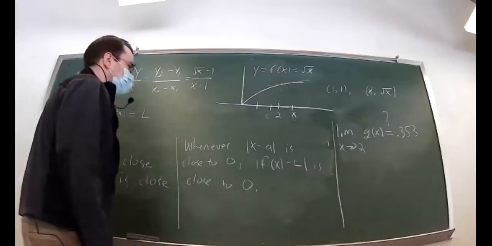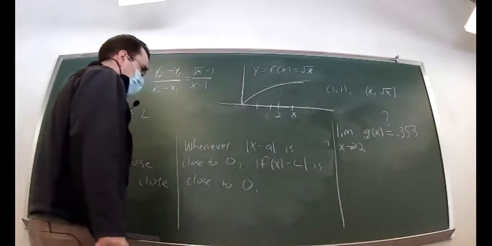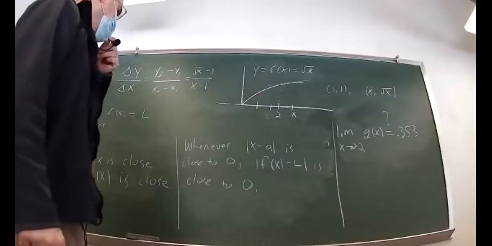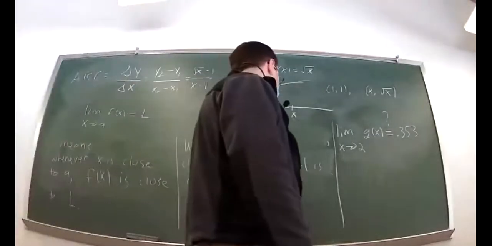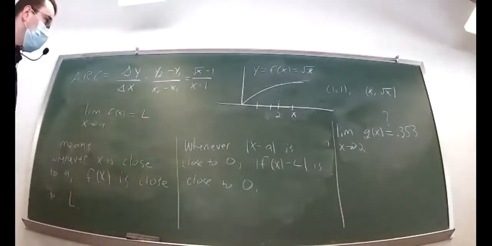So this is an equivalent definition that's a little bit more technical. X being close to a should be the same thing as the distance from x to a being close to 0. F of x being close to L should mean that the distance from f of x to L, that is to say, the absolute value of their difference, is close to 0.